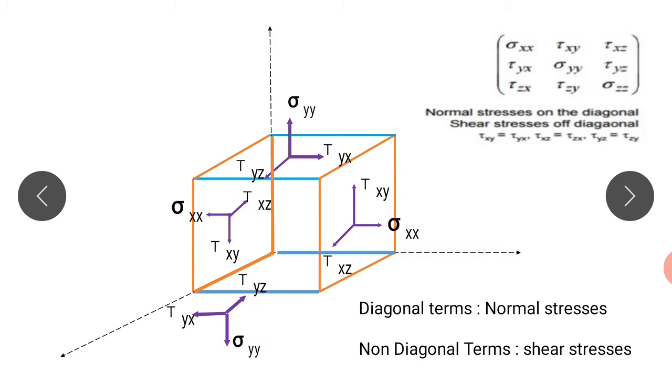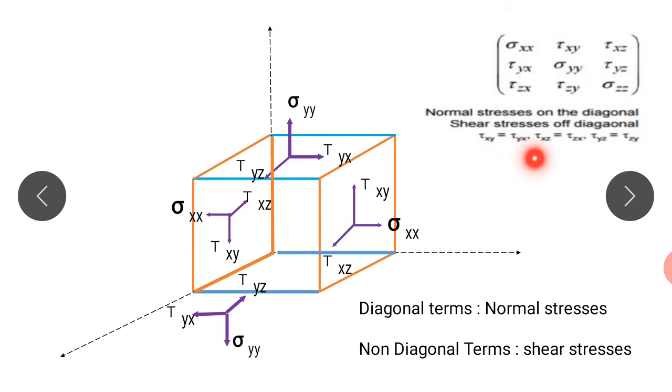Shear stresses are those stresses which are tangential to the surface. Okay, and for each element, for example tau xy and tau yx, these are equal, right? To maintain this block in equilibrium, all these elements must be equal to each other.